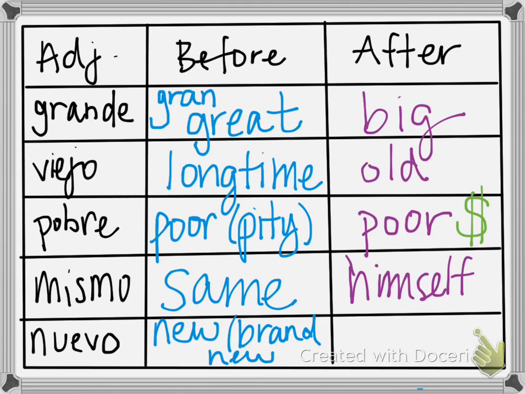It's newly acquired. However, if you use it after, it means new as in like newly made. Okay, so if you just bought a shirt, it's new to you. But if the shirt is just made or it's the newest car, you would use it after.